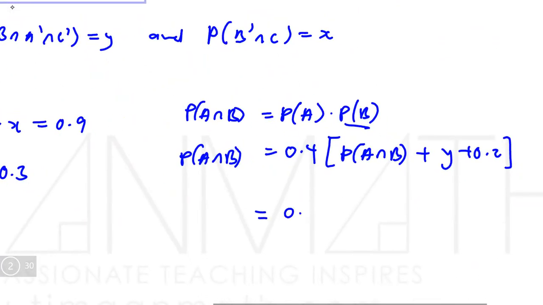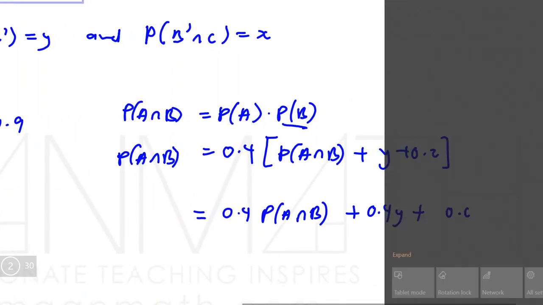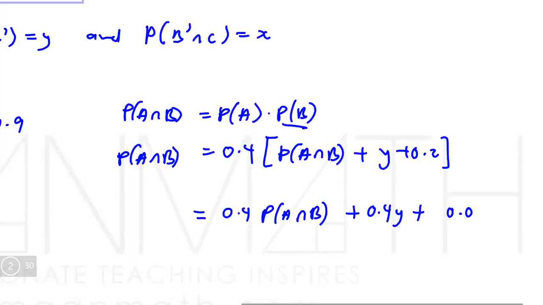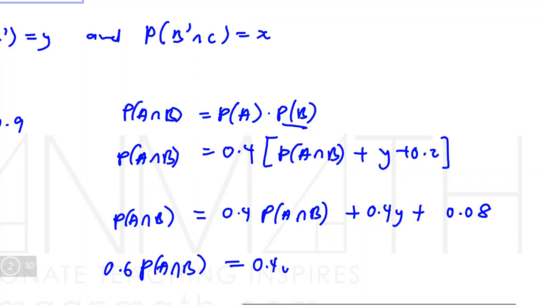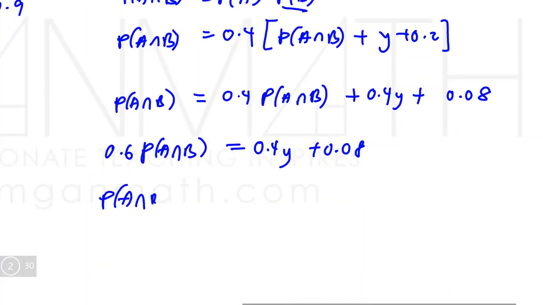So here, we have P(A intersect B) equals 0.4 times P(A intersect B) plus 0.4y plus 0.2 times 0.4, 0.008. Then P(A intersect B) will just be 0.6. 4 marks, this one.